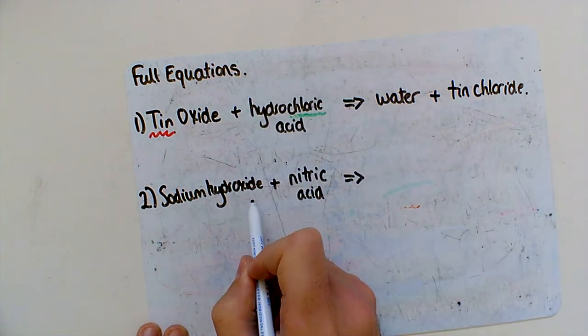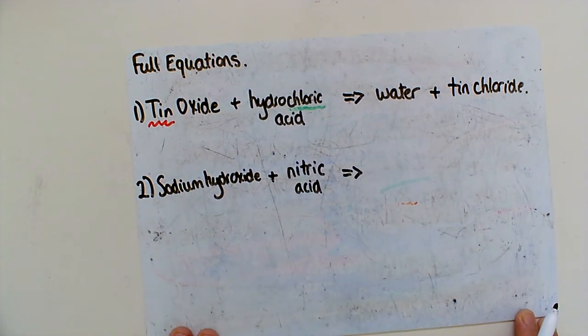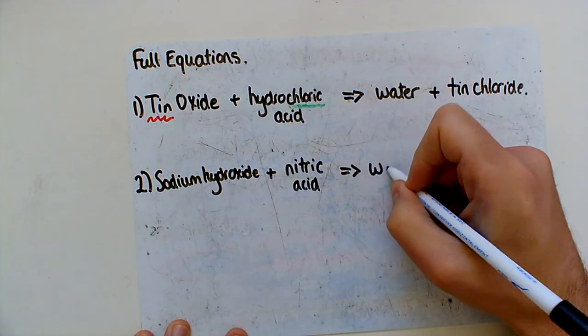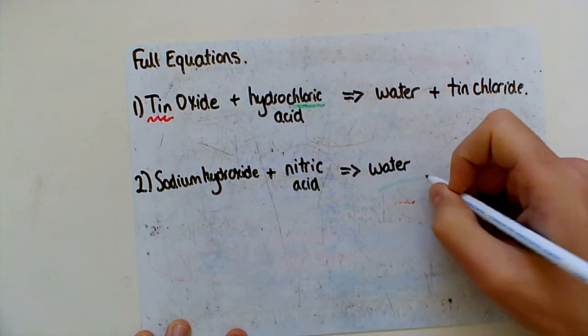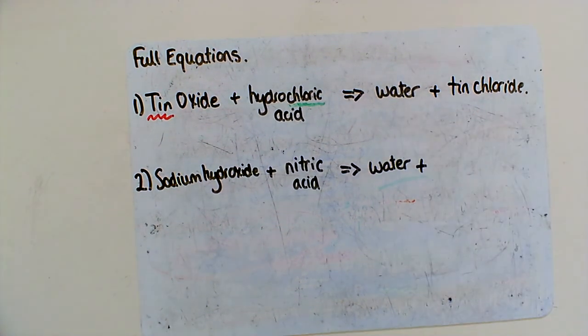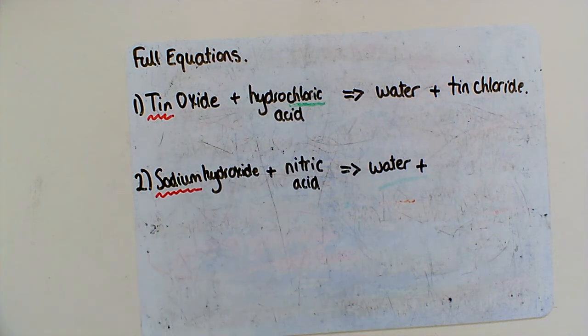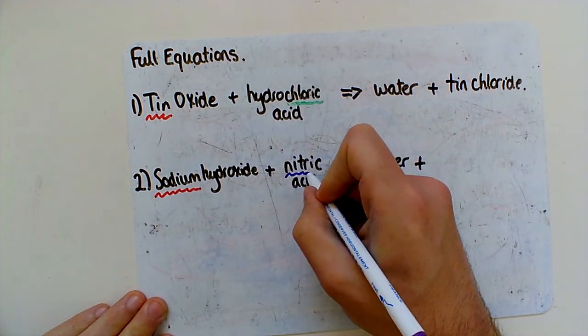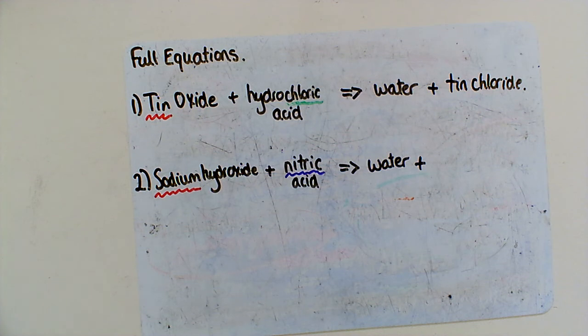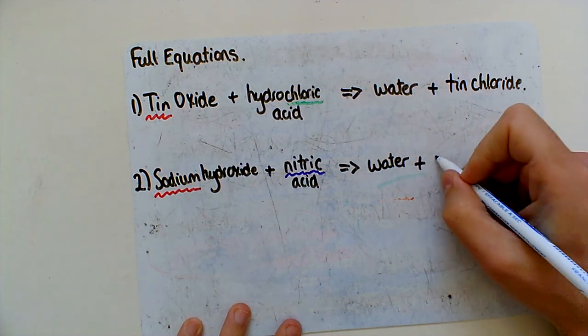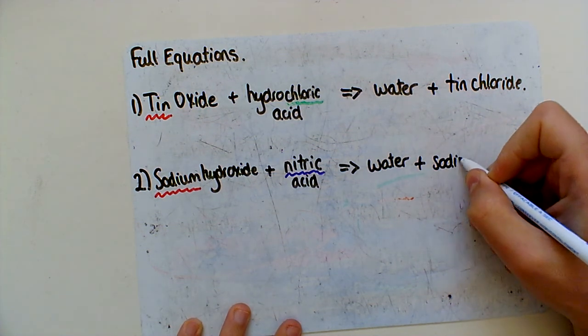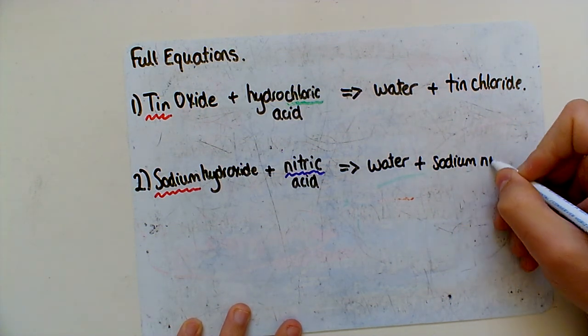Well, it's a hydroxide, so we know we're going to get water plus a salt. Now the salt, we take the metal from here, and it is nitric acid, so we're going to be using that, and we end up with sodium nitrate.